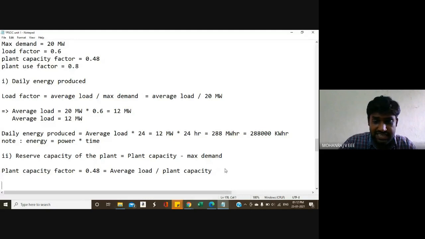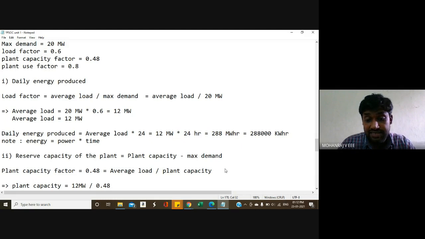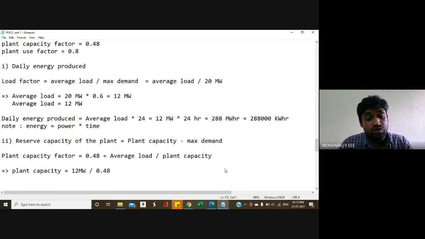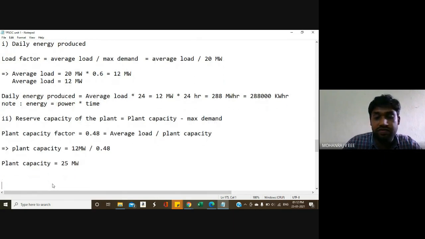So from this I can say my plant capacity is equal to 12 megawatt, the average load, divided by 0.48, which is my plant capacity factor. So what is this equal to? 12 divided by 0.48 is equal to 25. So my plant capacity is equal to 25 megawatt.